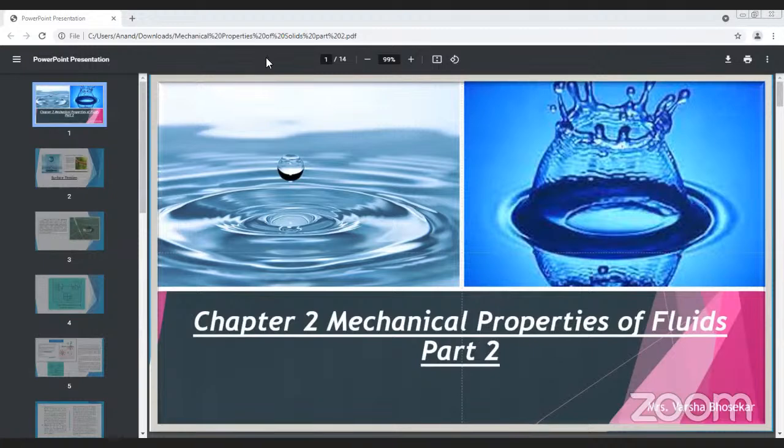In physics, mechanical properties of fluids, the second part.